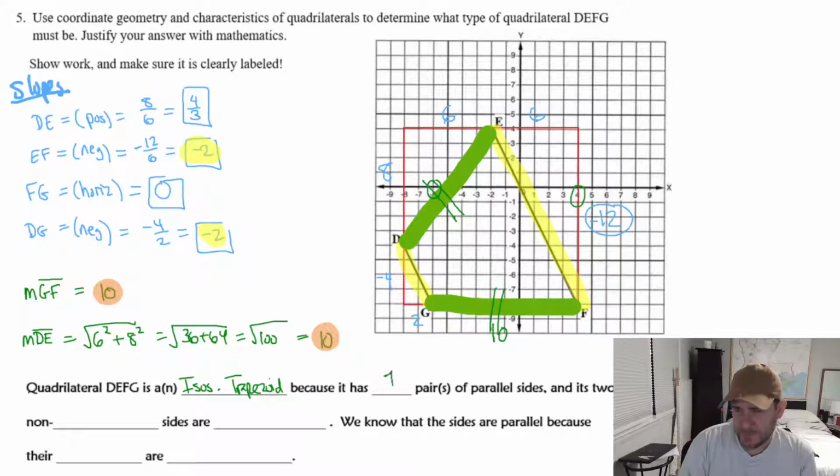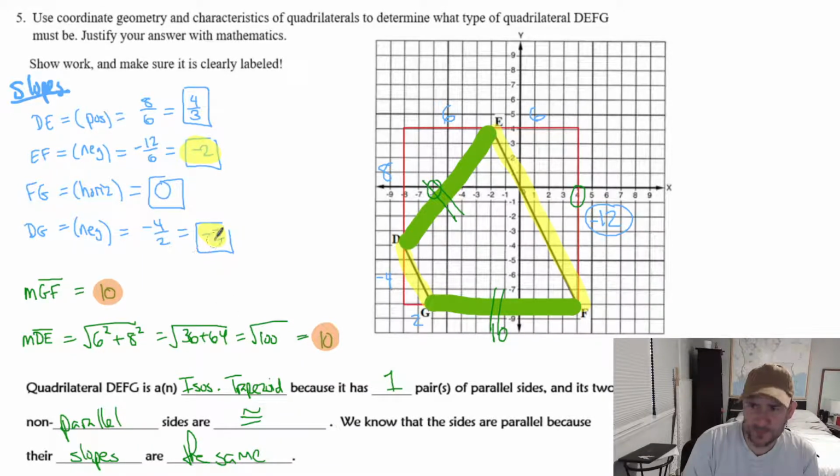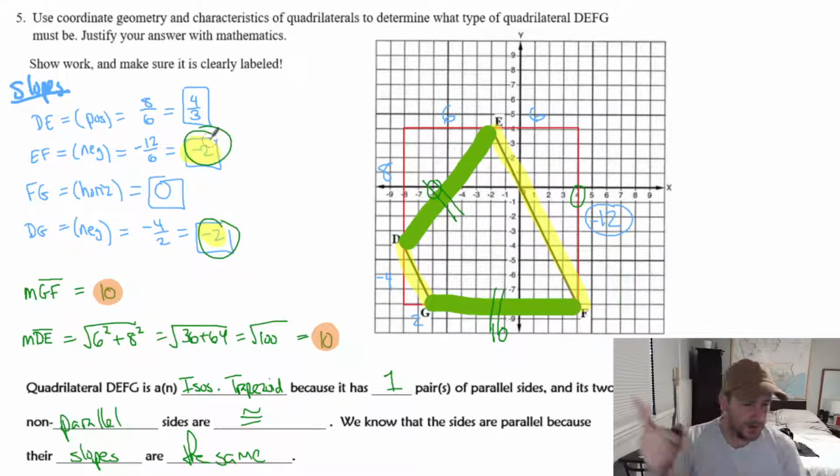And that's because it has one pair of parallel sides, that makes it a trapezoid, and its two non-parallel sides are congruent. That makes it an isosceles trapezoid. And we knew that the sides were parallel because their slopes are the same. Two slopes were -2 and -2. That made us parallel. Okay.